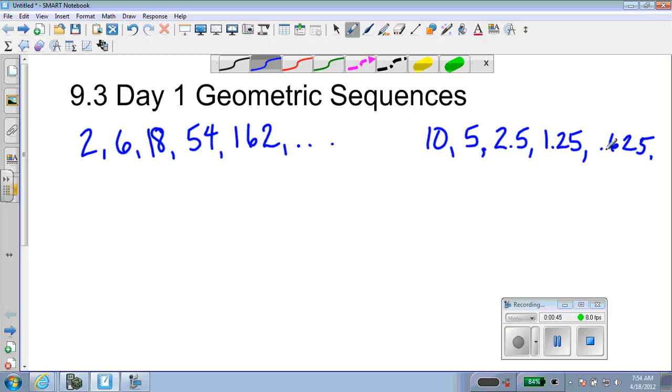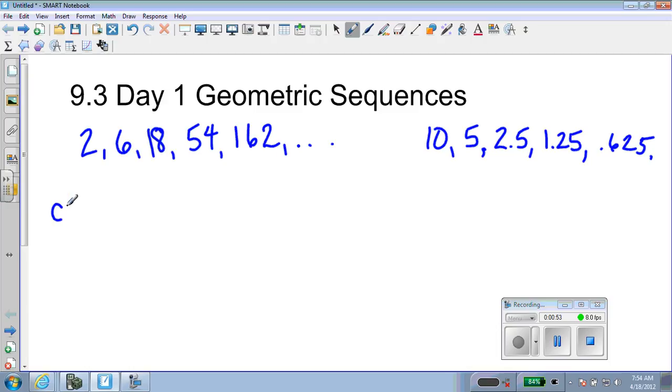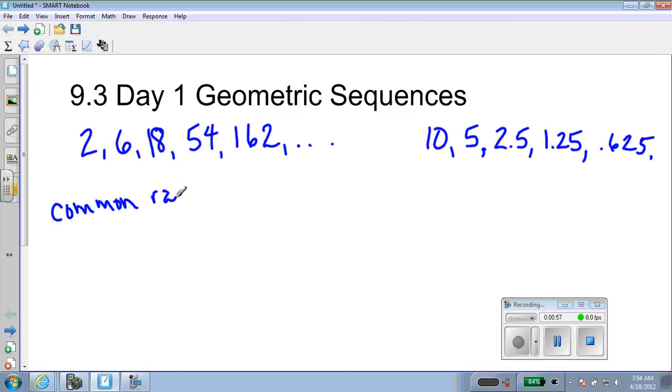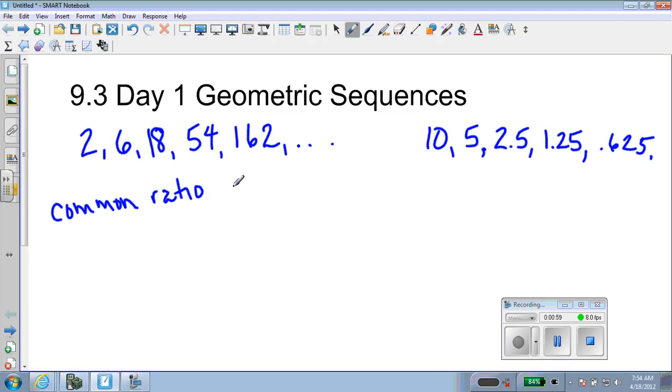So we don't call it a common difference as we do with arithmetic sequences. We call it a common ratio, and we give it the letter R. In this case, the common ratio is 3, and in this case, the common ratio is 1/2.